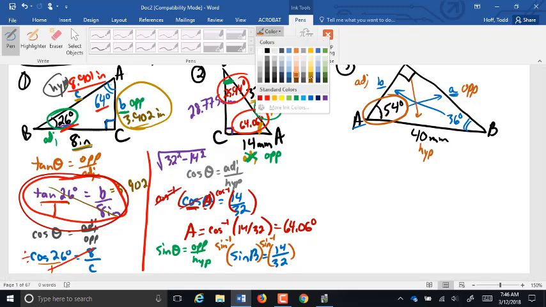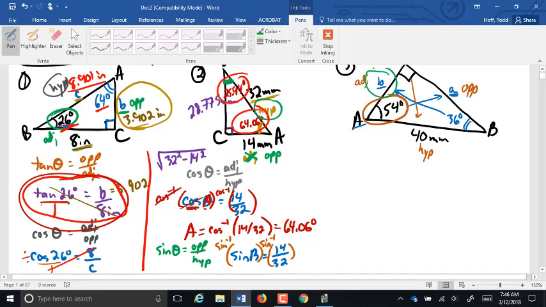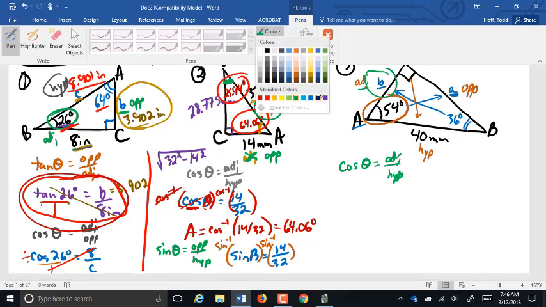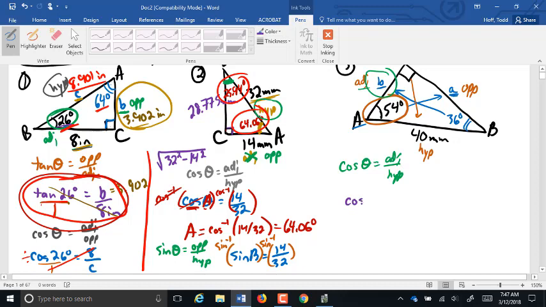So I know the hypotenuse. I need to pick one to find. Let's say I'm trying to find B. So I've got adjacent and hypotenuse, which is going to be cosine. Cosine theta is adjacent over hypotenuse. So I put in my angle, 54 degrees. Adjacent is B, hypotenuse is 40.